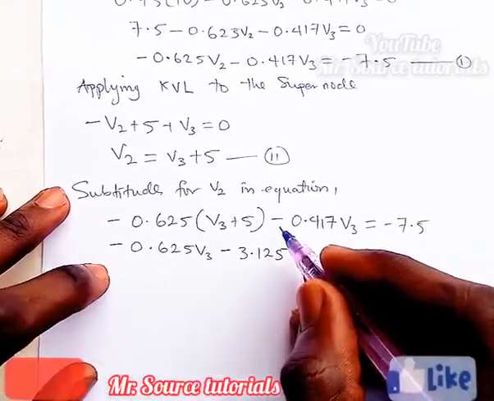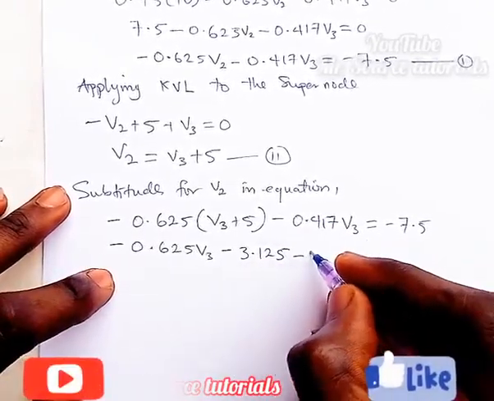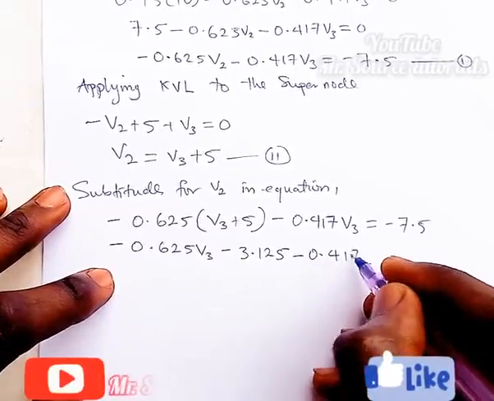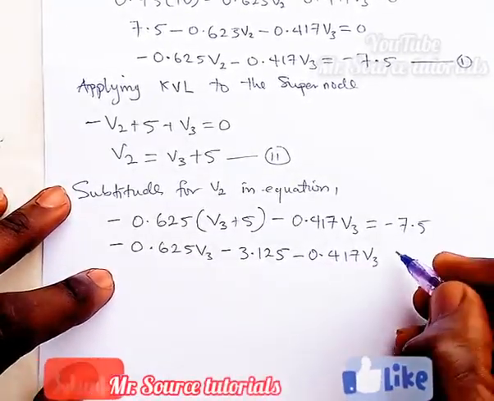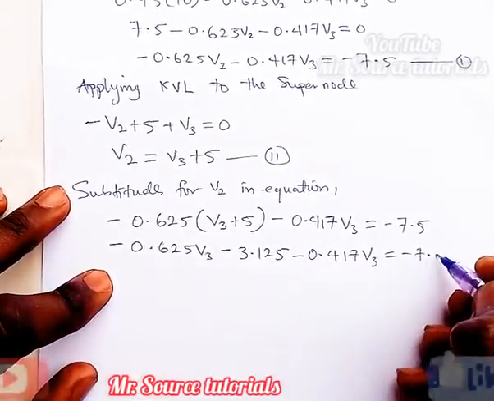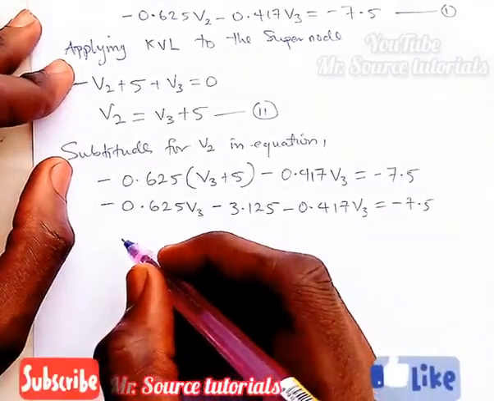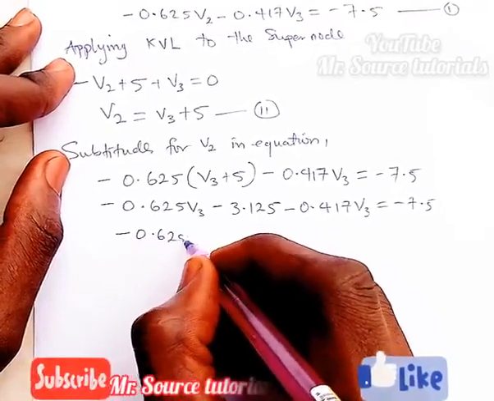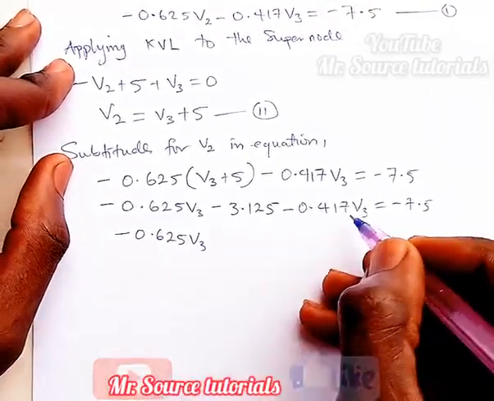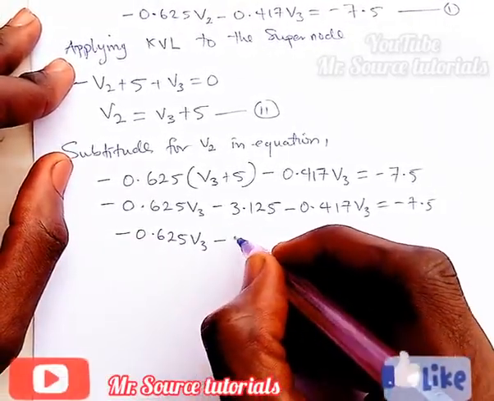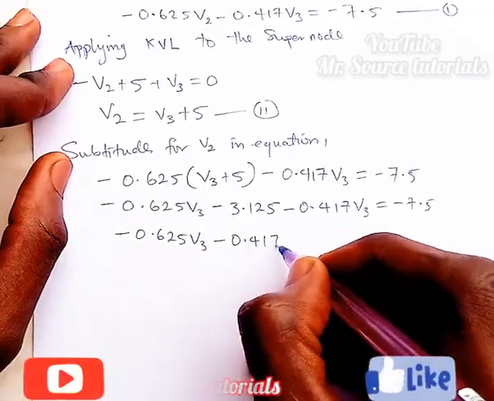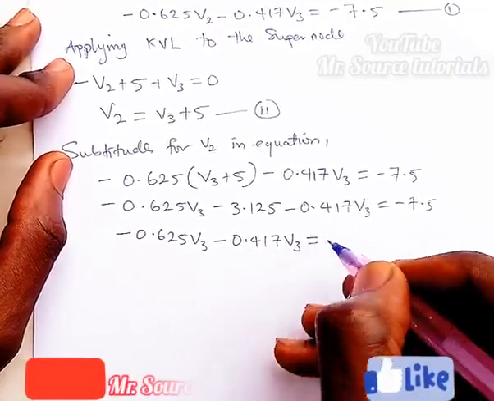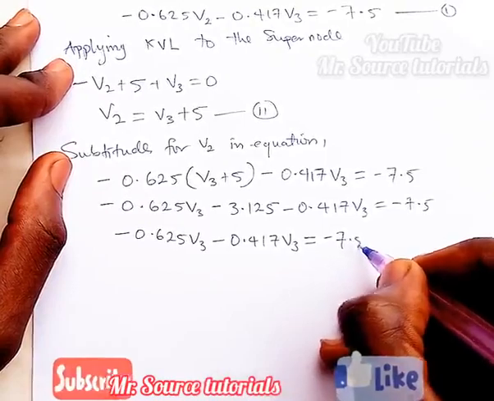You have this, and this minus 0.417 V3 equals minus 7.5. So you're going to have minus 0.625 V3, bringing this one down, minus 0.417 V3 equals minus 7.5.